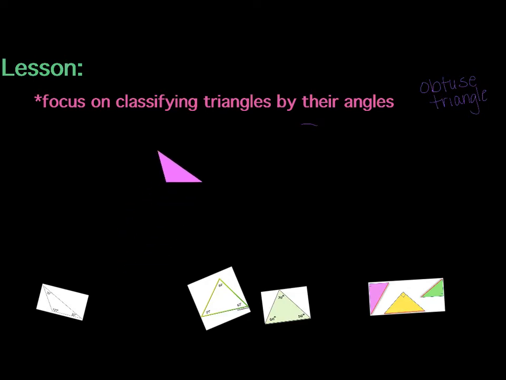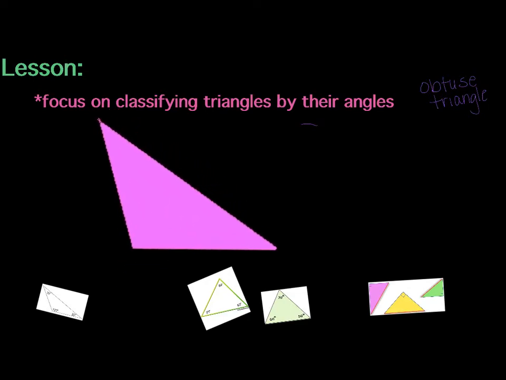Alright, so this is another triangle, but it doesn't have any measurements on it. Now remember, if I have a straight edge and I use this bottom line segment here, and I draw a straight line up from this vertex going straight up, that would be a 90-degree angle.